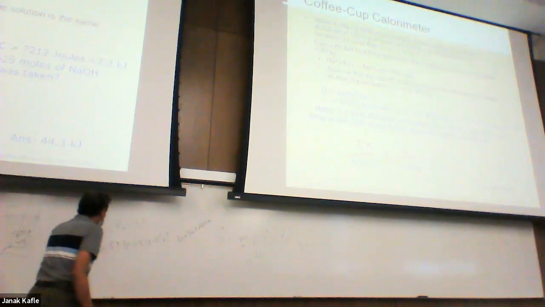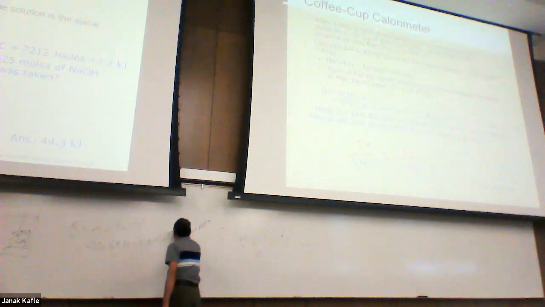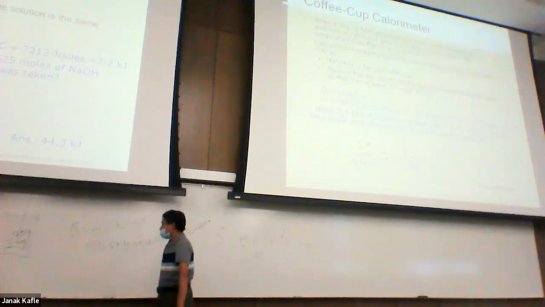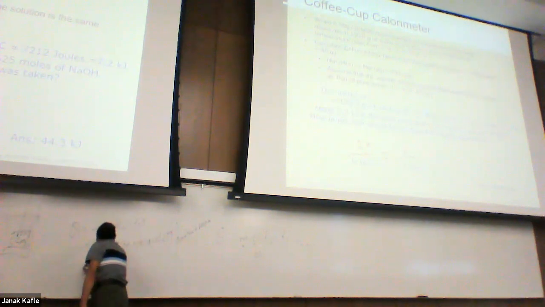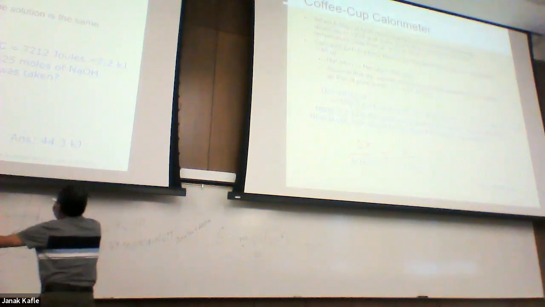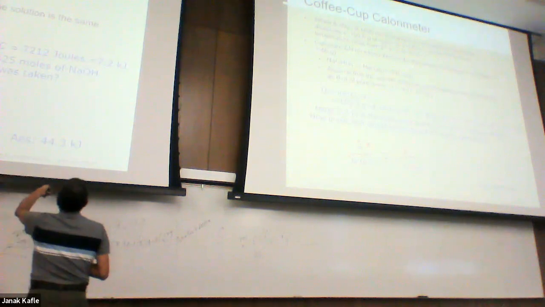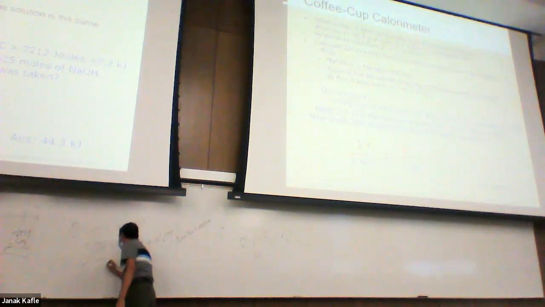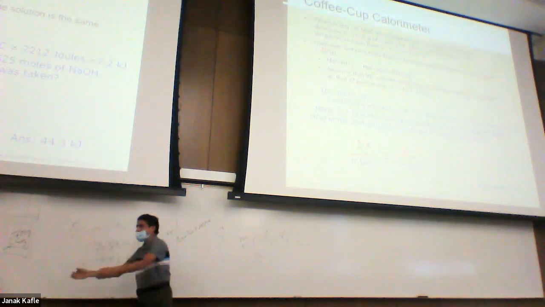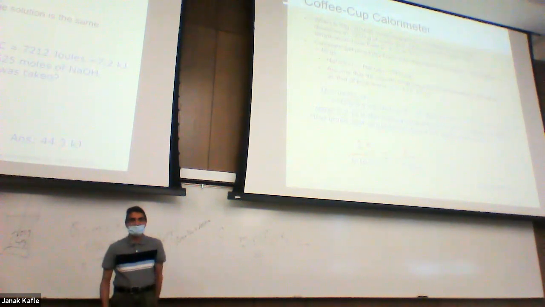This joule is the total amount of heat, but this is asking in terms of kilojoule per mole. Whatever comes out gives me 7212 joules, which is 7.2 kilojoule. Joule converted to kilojoule, you divide by 1000 and you get 7.2 kilojoule, right?